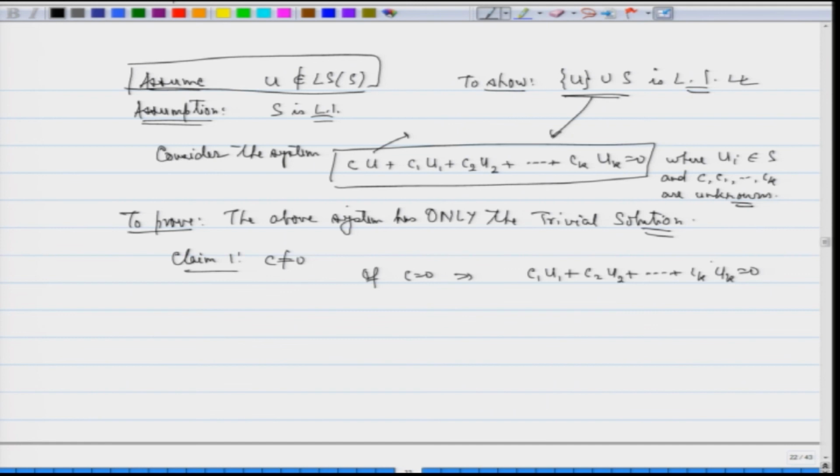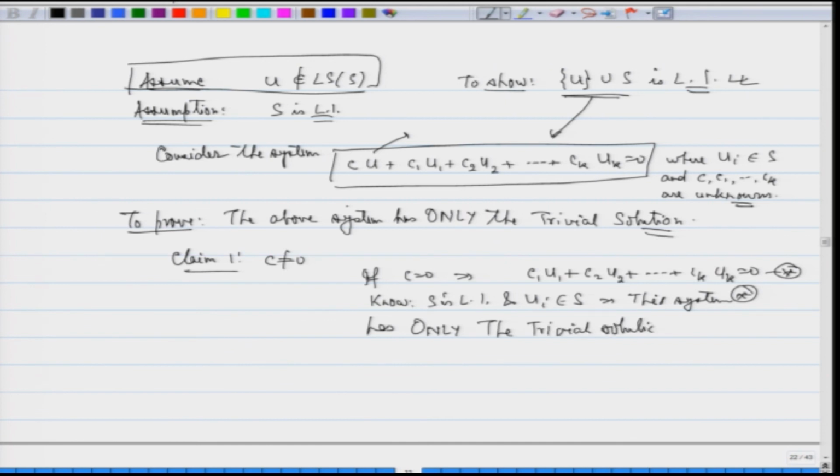I know S is linearly independent and the Ui belong to S. So, the only solution of this system star is the trivial solution.